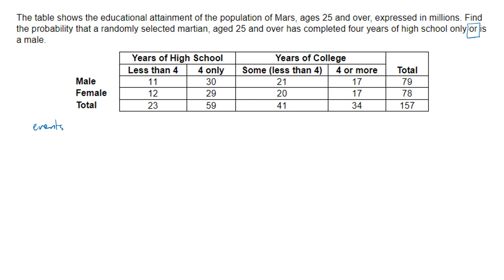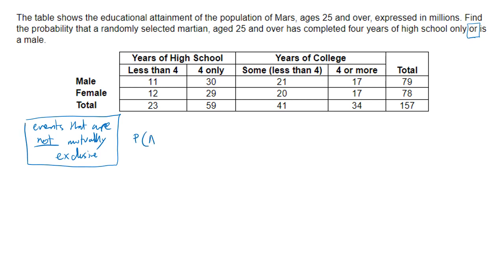So for events that are not mutually exclusive, the concept is that the probability of event A or B, keyword is or, equals the probability of event A happening plus the probability of event B. Because it's or, we're adding the probabilities, but then we also have to take away or subtract those that are common in the two events.